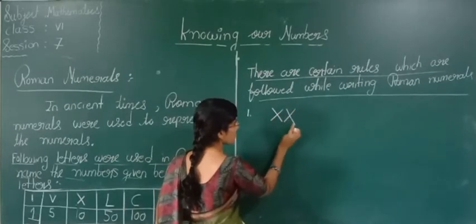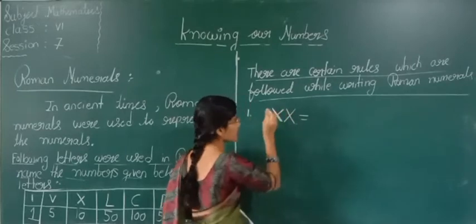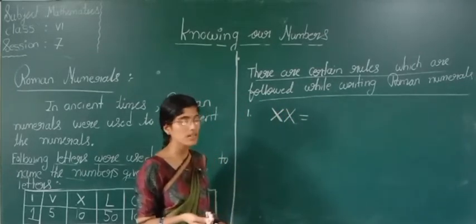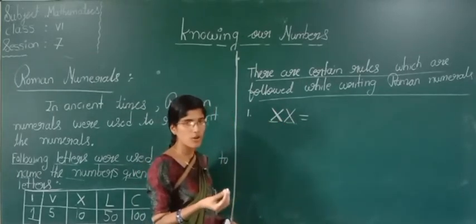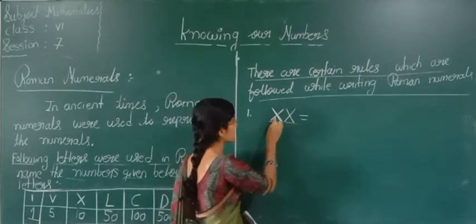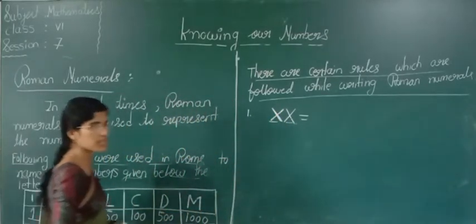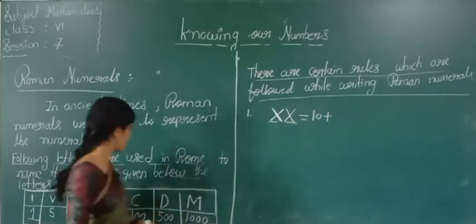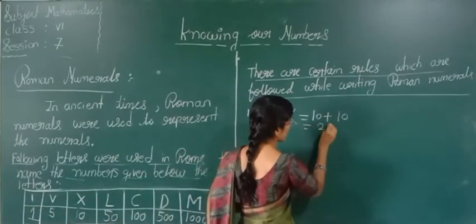What is the value of X? The value of X is 10. 10 plus, the value of this X is also 10. 10 plus 10 is 20.